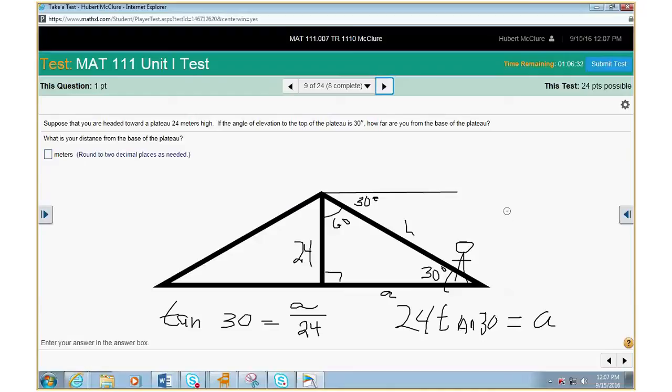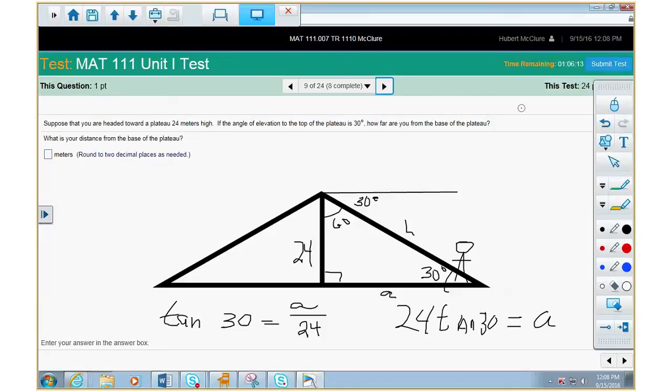You need to change your mode too. What kind of calculators y'all got? 13.85. So it says round to 2 decimal places. So what does that mean? Thank you. 13.86.